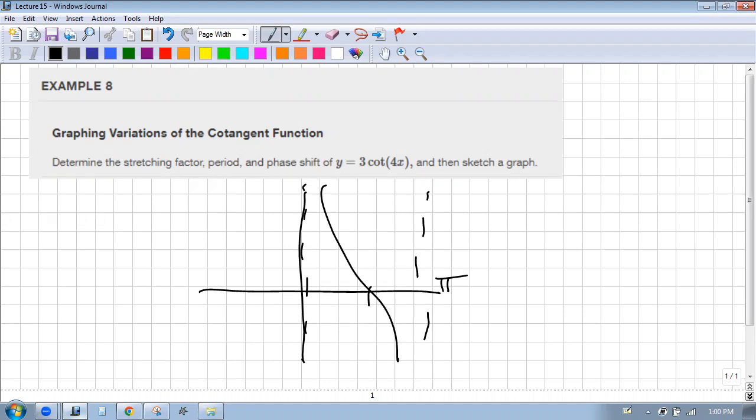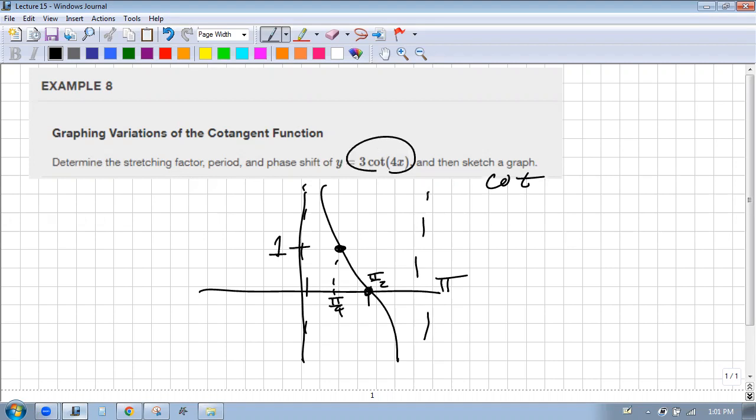That's your base cotangent function. Halfway between 0 and pi is pi over 2. Halfway between that is pi over 4, and you get 1 there. So we have these key points. That's regular old cotangent.